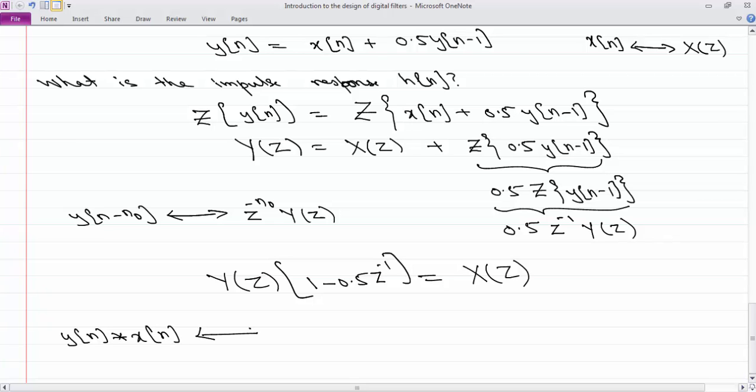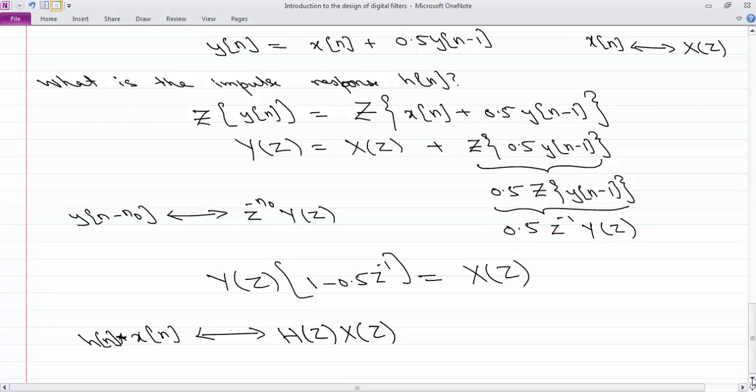So if you convolve two sequences h[n], x[n], then the Z transform of that is H(z) X(z), which is convolution in time is multiplication in the Z domain, right?